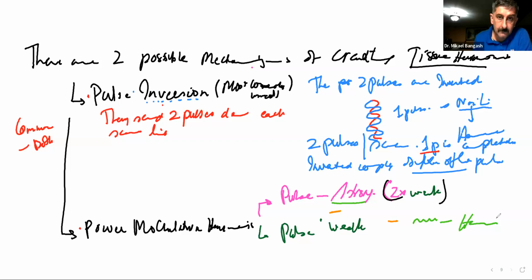Now, girls, as far as we see here, there are going to be 2 pulses per scan line, whether it was your pulse inversion or the power modulation harmonics. What would that mainly mean?